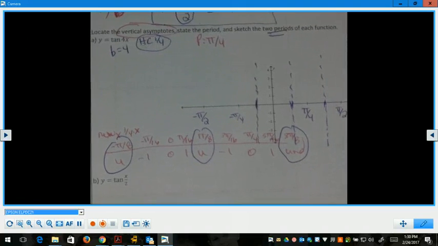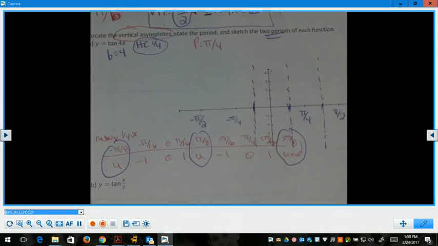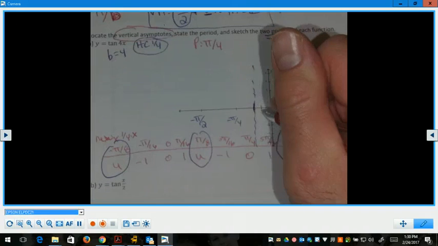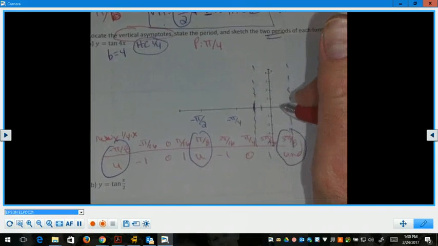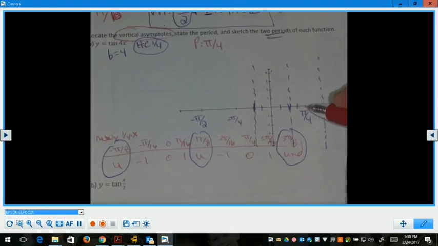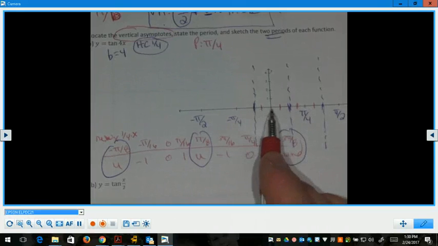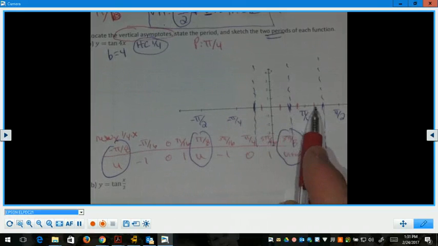So there's my asymptotes. And now I need half of that, negative pi over 16, so that'll be there. There's 0. There's positive pi over 16, 2 pi over 16, 3 pi over 16, 4, 5 pi over 16. So I just have these evenly spaced now between them. 1, 2, 3, 4, 1, 2, 3, 4.